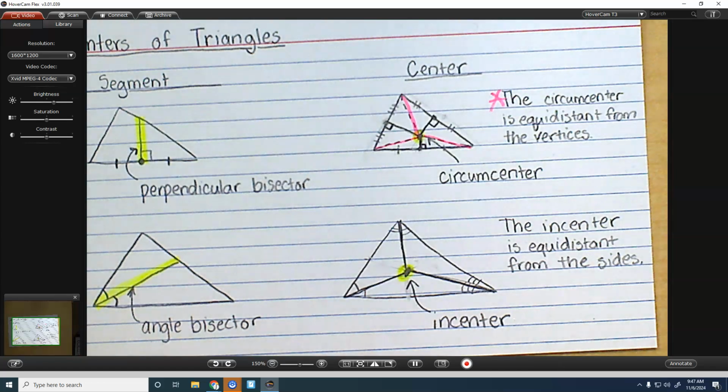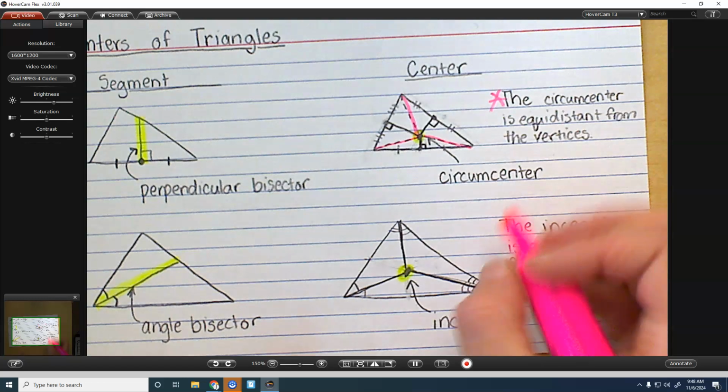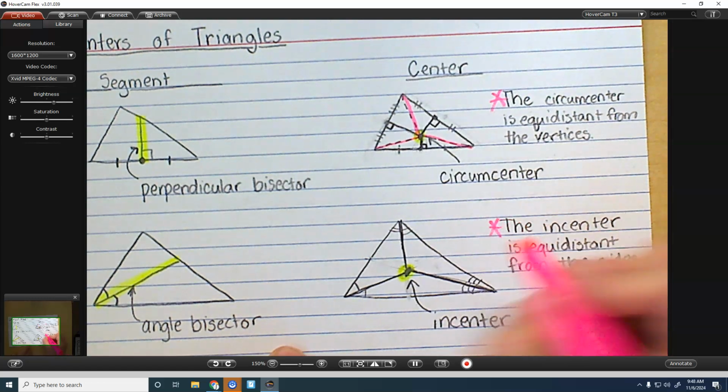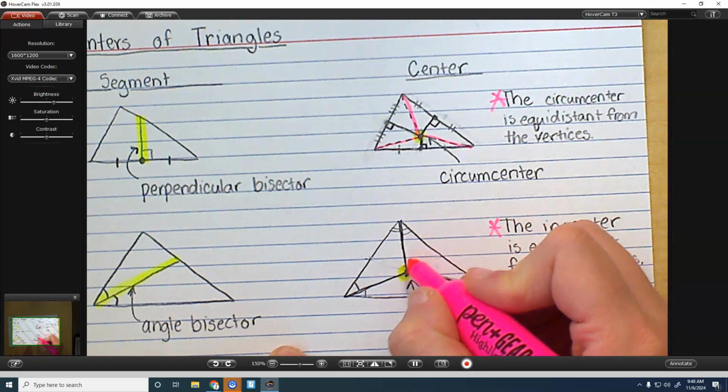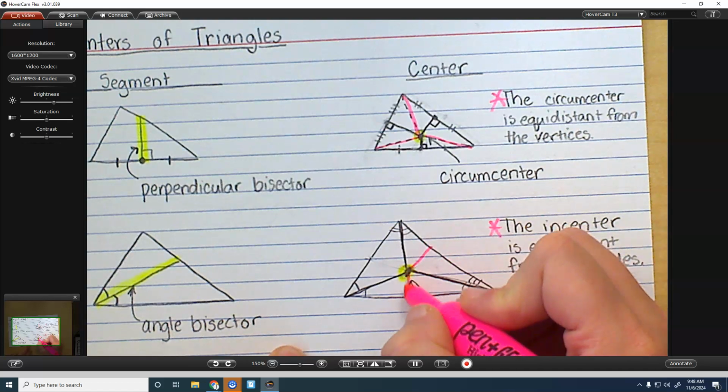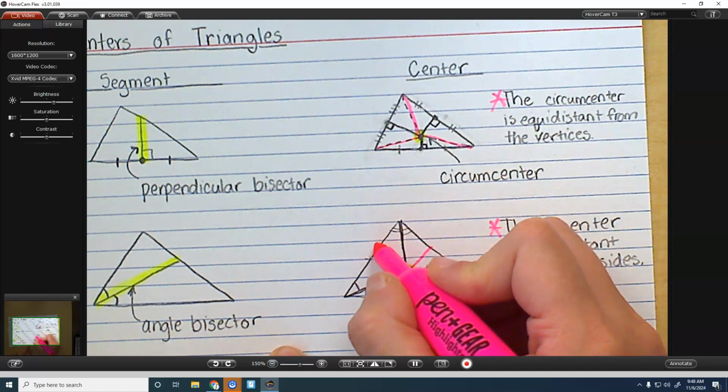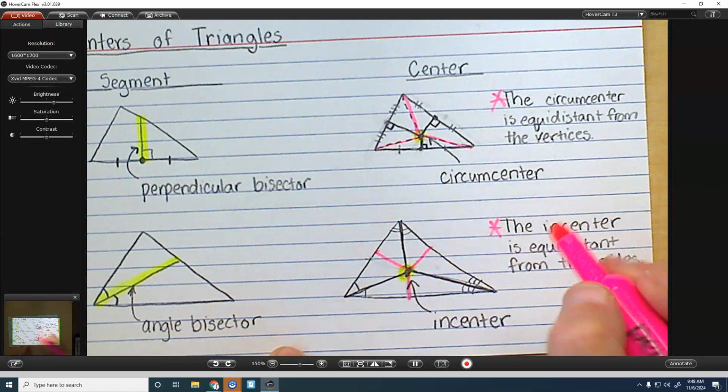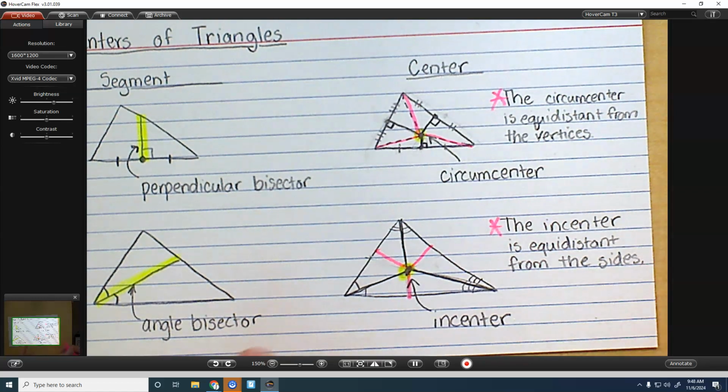And like I did on the other one, I'm going to put a little star right here. And that means the length from here to the side. Those are all supposed to be the same. Mine are a little bit off, I'd say, but you freehand draw it. That's the best you can do with it.